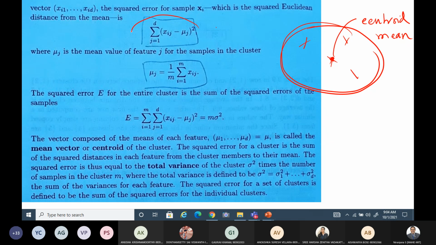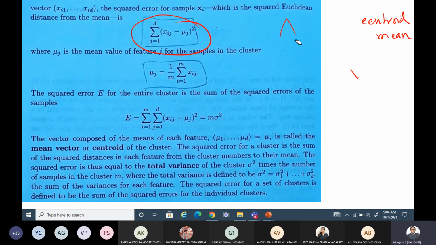Squared errors are expressed here when j varies from 1 to d. That is, suppose there is a point here, which is now in d-dimensional space. Not two. Don't think that it is a 2D space like this. Don't imagine it like this. Each point is in d-dimensional space. Each point has features such as xi1, xi2, etc. up to xid.